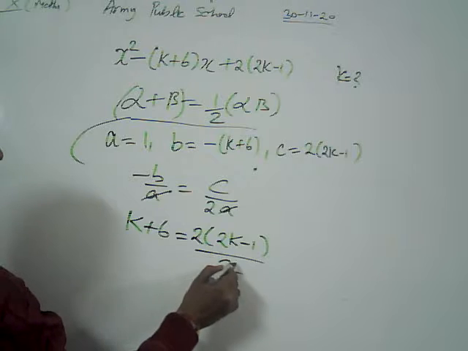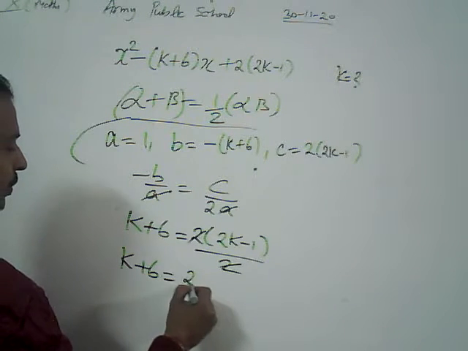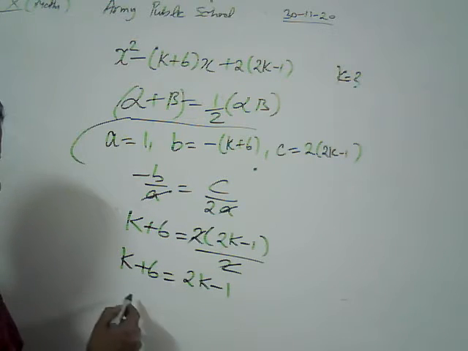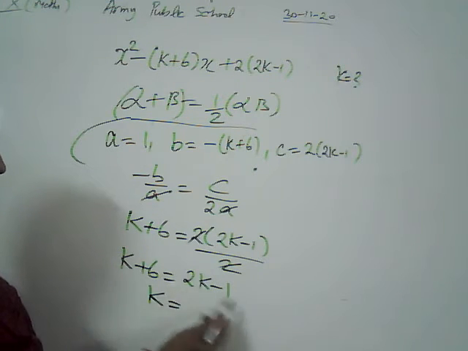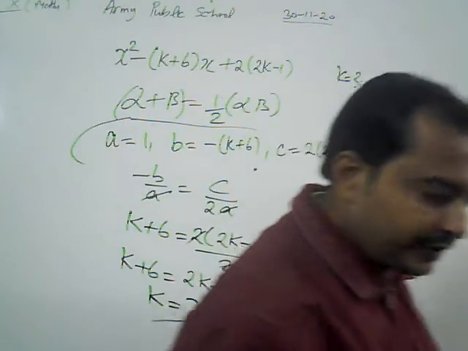We cancel out this 2, so k plus 6 equals 2k minus 1. After solving this, 2k minus k, and 6 plus 1 is 7, we get the value of k as 7.